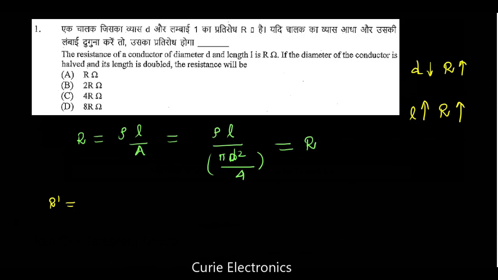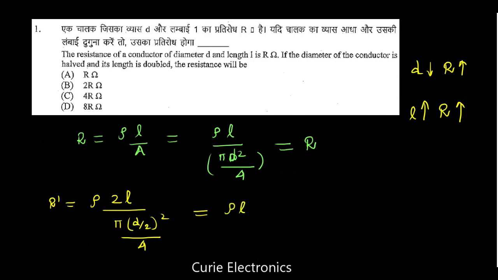Now R dash: rho, there is no change. Instead of L, it is 2L. Pi, D has halved, so D by 2 whole square upon 4, which equals, what we can write?